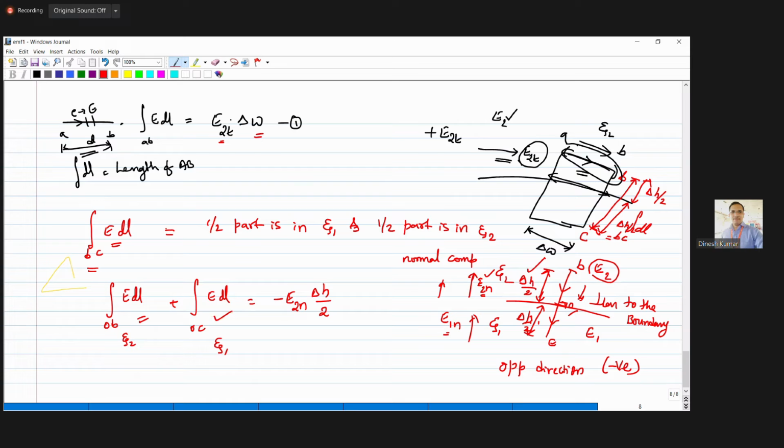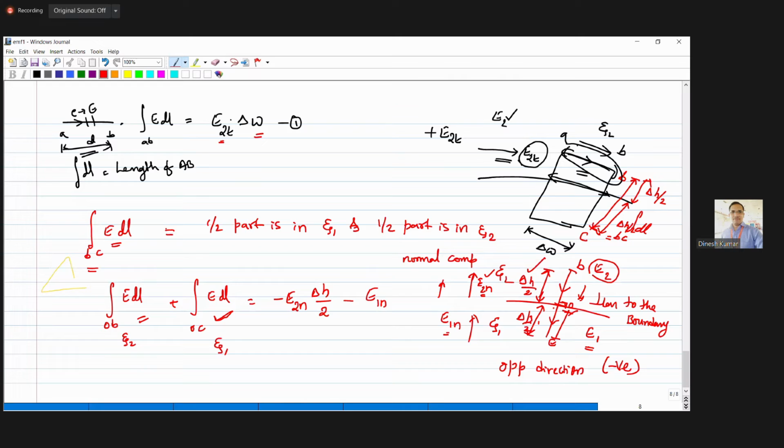Next, coming to the integral from 0 to C of E dl, see here this remaining half part. It belongs to E1, the normal to the boundary, but the E1 component is exactly opposite to the direction of OC. So therefore, this also we take the negative sign, E1n.